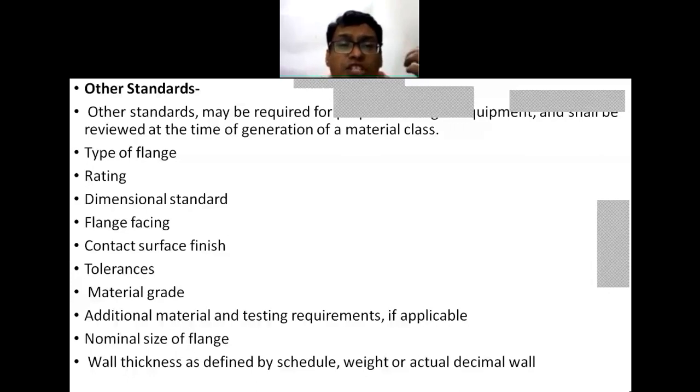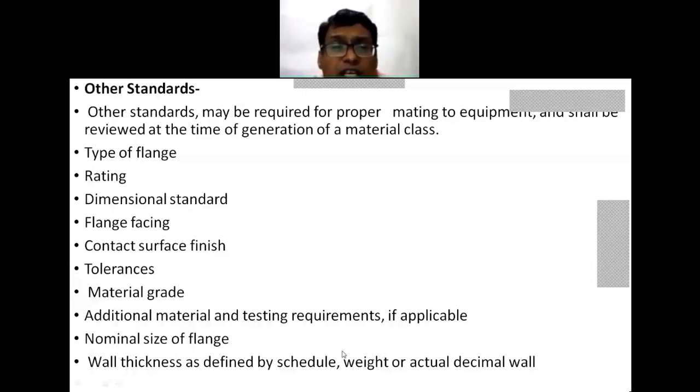Then dimensional standards, what are the dimensional standards? Then flange facing, the contact surface finish, tolerance, material grade, additional material and testing requirements if applicable, the nominal size of the flange, then the wall thickness as defined by the schedule weight or actual decimal wall. That is, what will be the schedule.